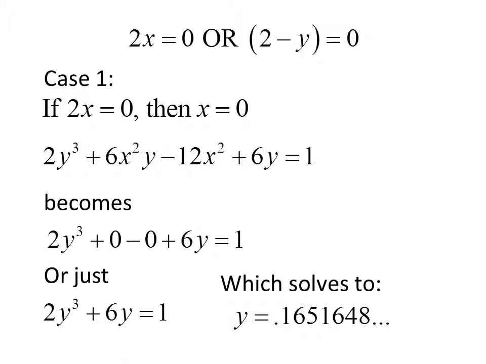That means there's an ordered pair (0, 0.165) somewhere on the curve. And that's a location of a tangent point, or a point of tangency, for a horizontal tangent line.